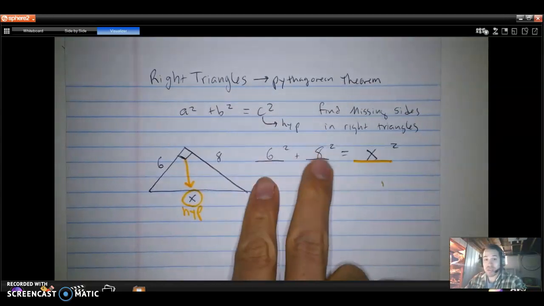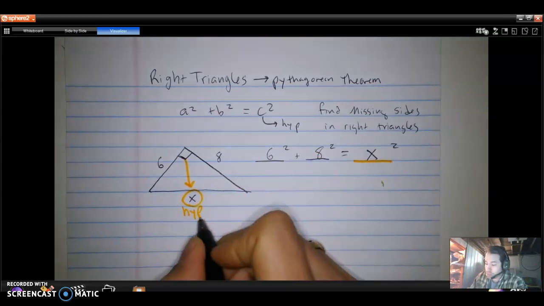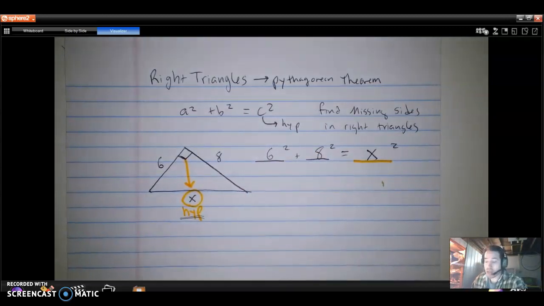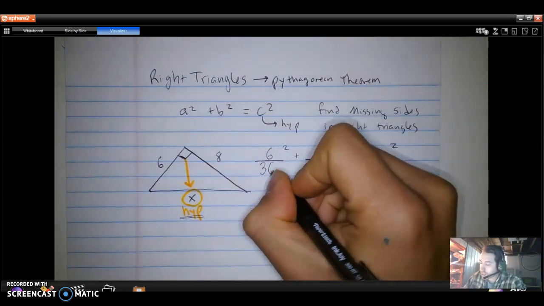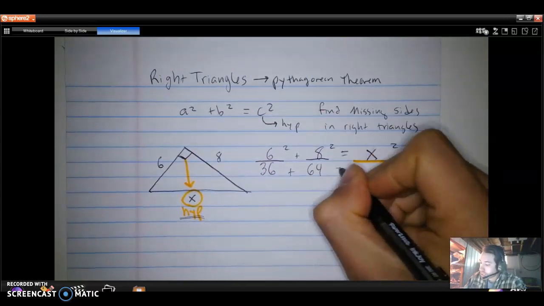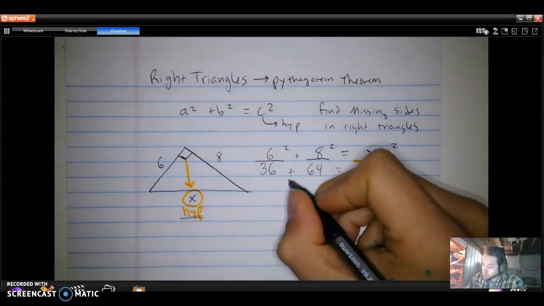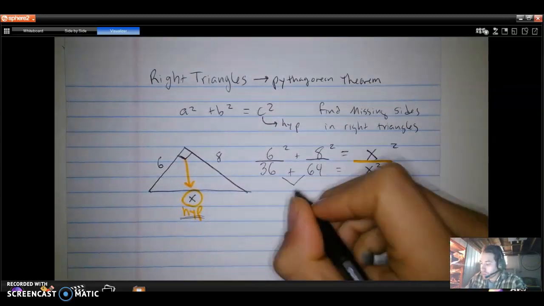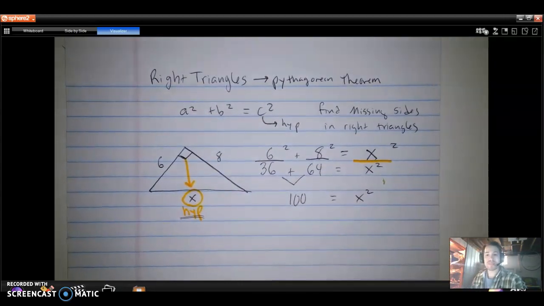These two sides are arbitrary; you could have those switched. It does not matter. What does matter is this side, the hypotenuse. So 6 squared is 36, 8 squared is 64, equals x squared. We combine our like terms, and we get 100 equals x squared.